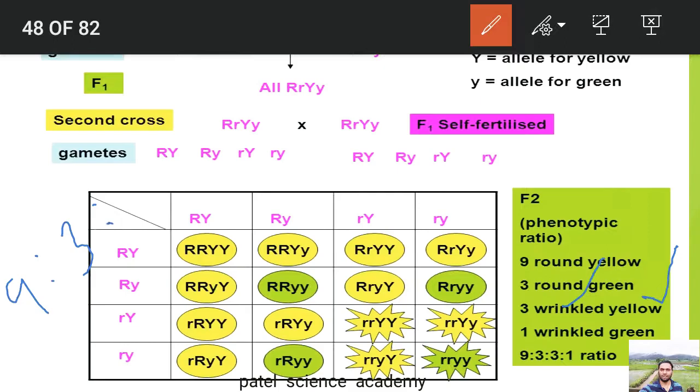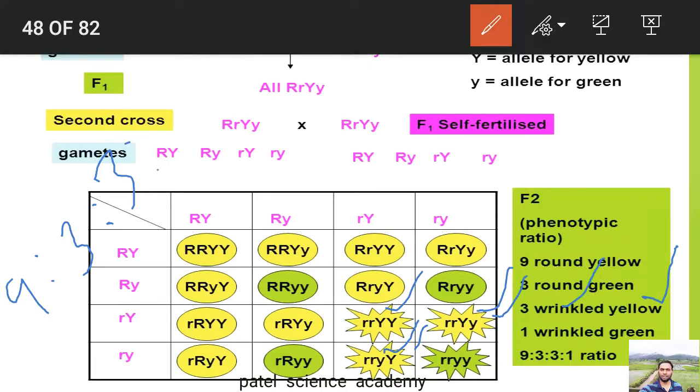So 9:3:3, these three in this star you can see here, they will have small r, capital Y, small r, capital Y, small y, and small r, capital Y. So these are, because of small r they are wrinkled in shape, because of capital Y they are yellow in color.